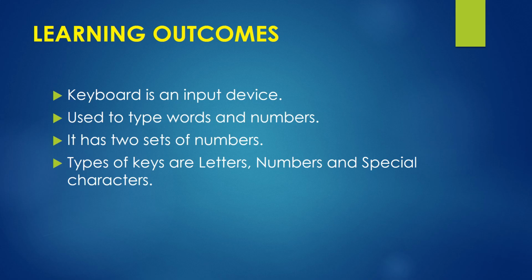We use the computer's keyboard to type words and numbers, right? Why do we use the computer keyboard? To type numbers and words. A computer keyboard has two sets of number keys, right?